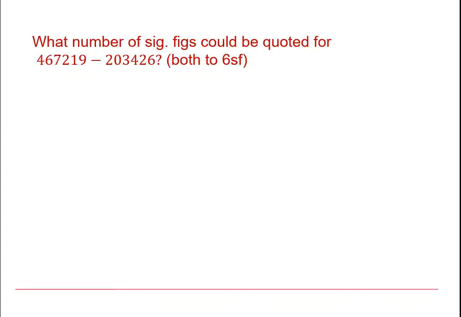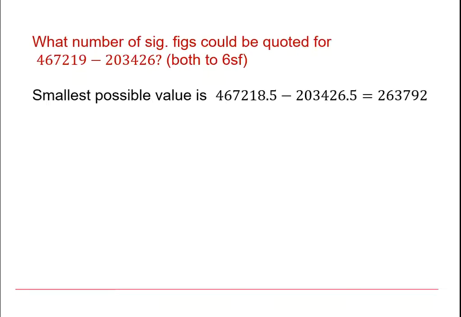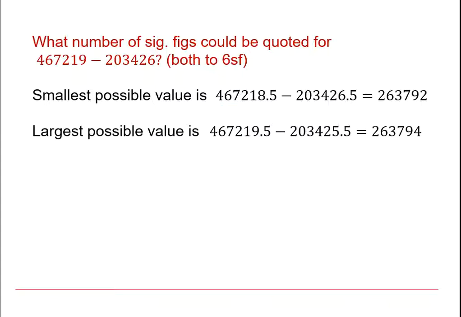If we want to know the number of significant figures that we can safely quote the difference between these two numbers to, then we just need to first of all consider the smallest possible value, and so that's going to be the smallest value for the first number, and then we need to take off the largest possible value for the second, and then for the largest value we need the largest value for the first number and take off the smallest possible value for the second.